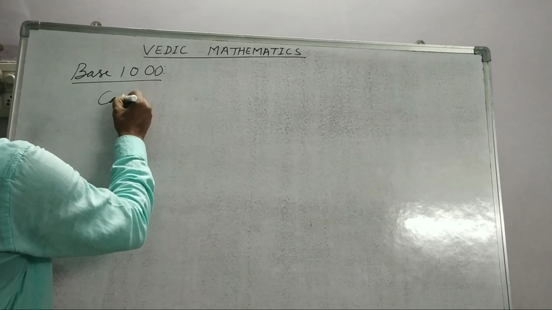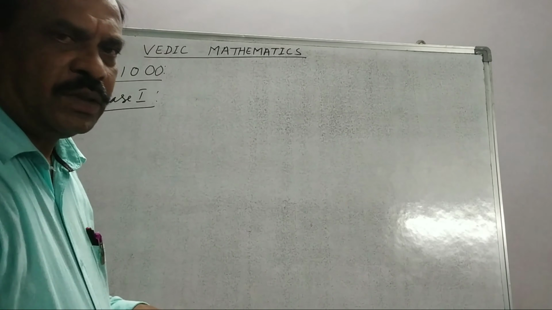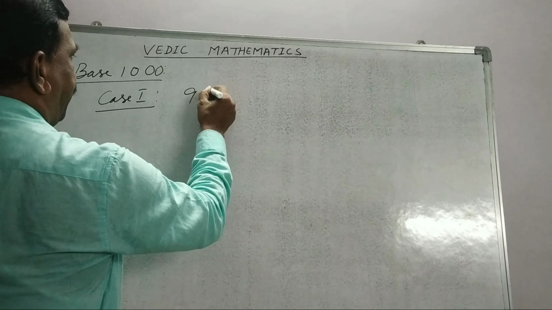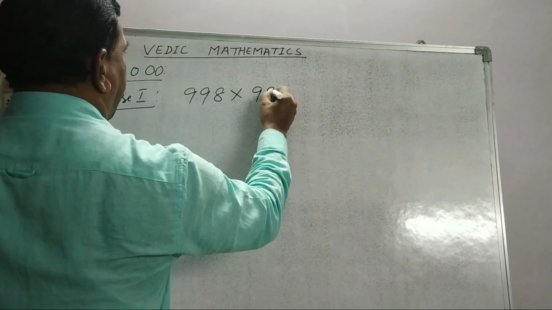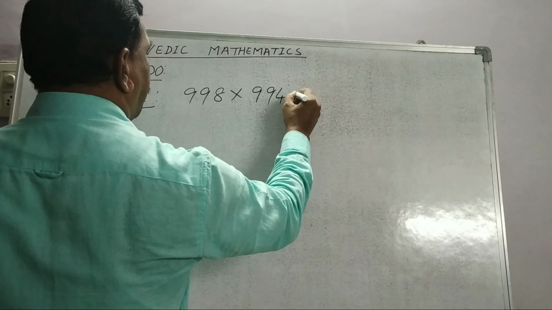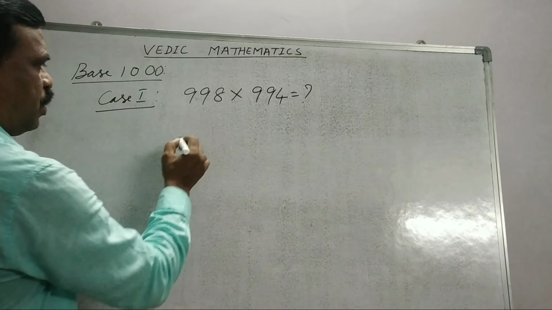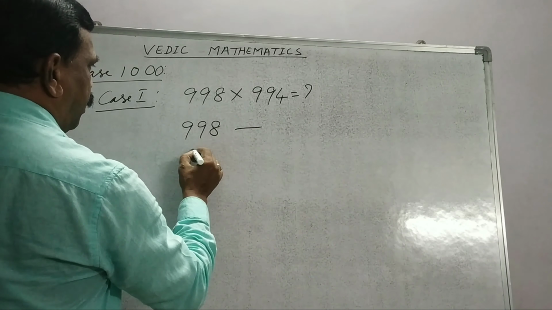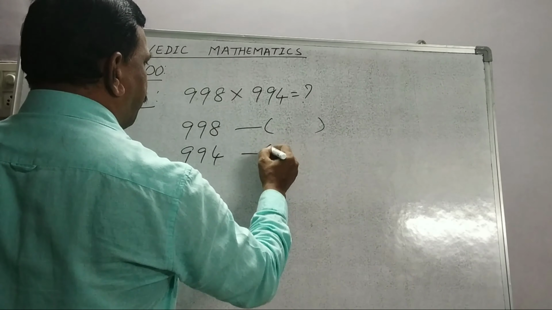When we take 1000 as base, case 1 is when both the numbers are less than the base. So let us take 998 into 994 for example. So here both the numbers are less than the base. The process remains the same.